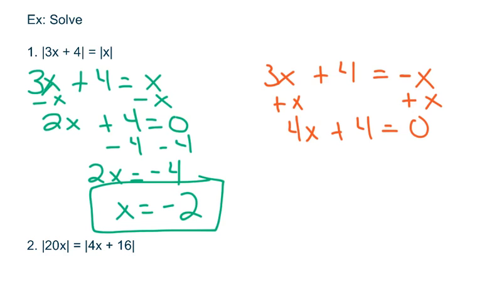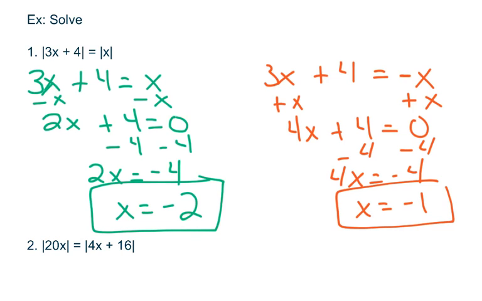And then we're going to subtract the 4, minus 4. 4x is equal to negative 4. Divide both sides by 4, and that gives us negative 1. So we still have two answers, negative 2 and negative 1.